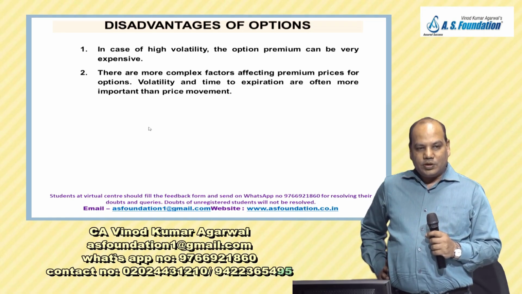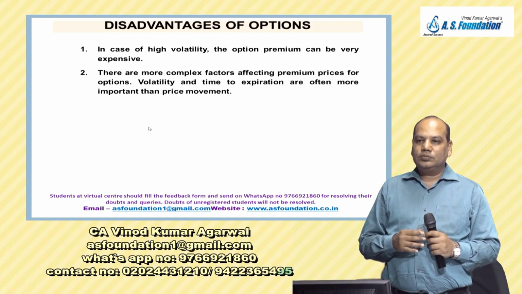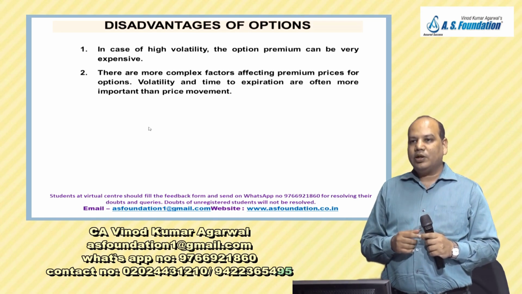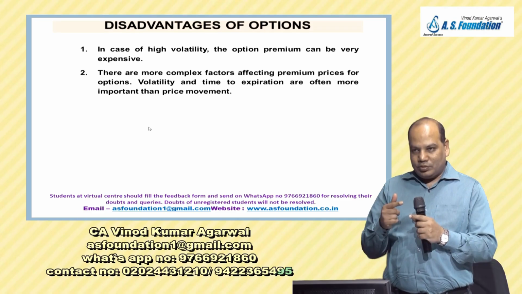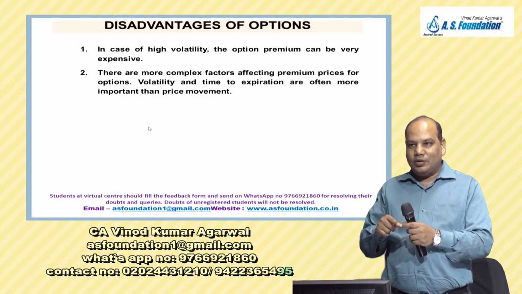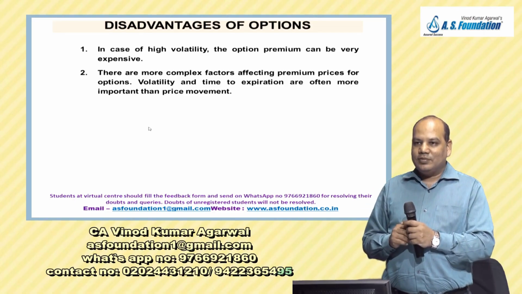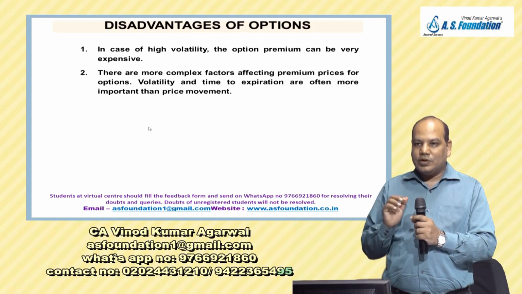There are more complex factors affecting premium prices for option. Premium for option is affected by many variables, like for example, current market price of share, exercise price, interest rate, time to expiry, volatility, dividend. How many factors have I told you? Six.